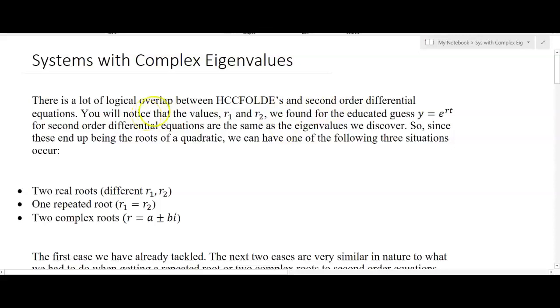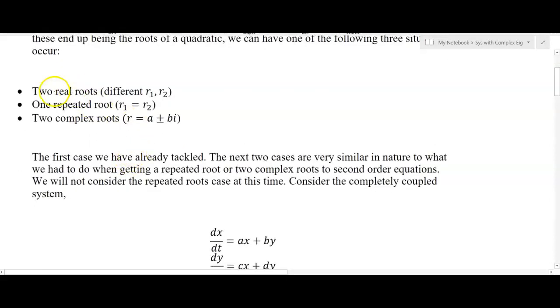When we are finding these eigenvalues, they correspond to the roots that we would find in our guesses, e to the rt, for second-order differential equations. The cases that we've considered are where we would have two real roots, one repeated root, and two complex roots.